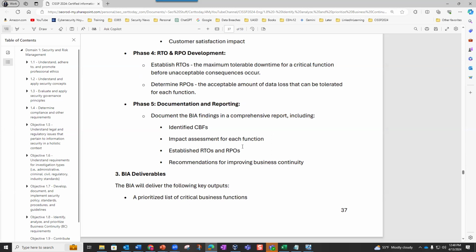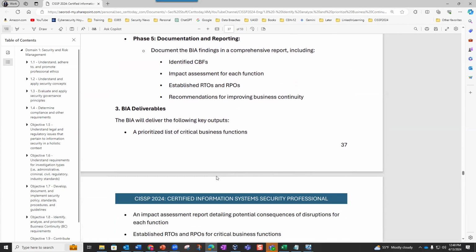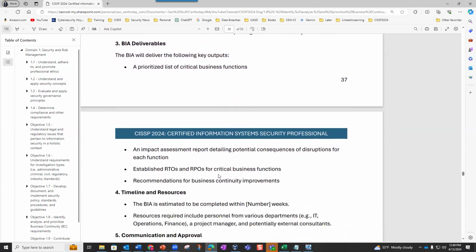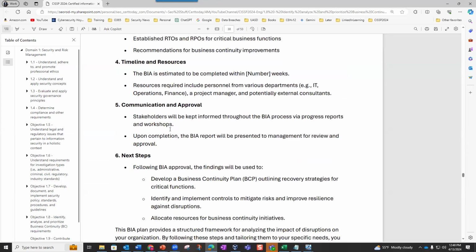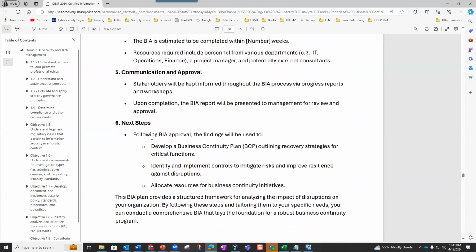The BIA deliverables. The BIA will deliver the following key outputs: a prioritized list of critical business functions, an impact assessment report detailing potential consequences of disruption for each function, established RTOs and RPOs, recommendations for business continuity, etc. You should have a section for timeline and resources, a section for communication and approval, and next steps, depending on what you are going to do.